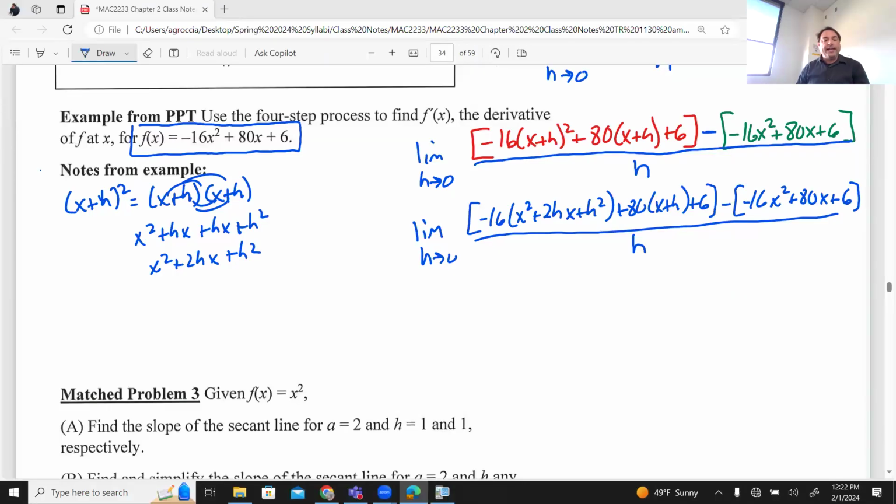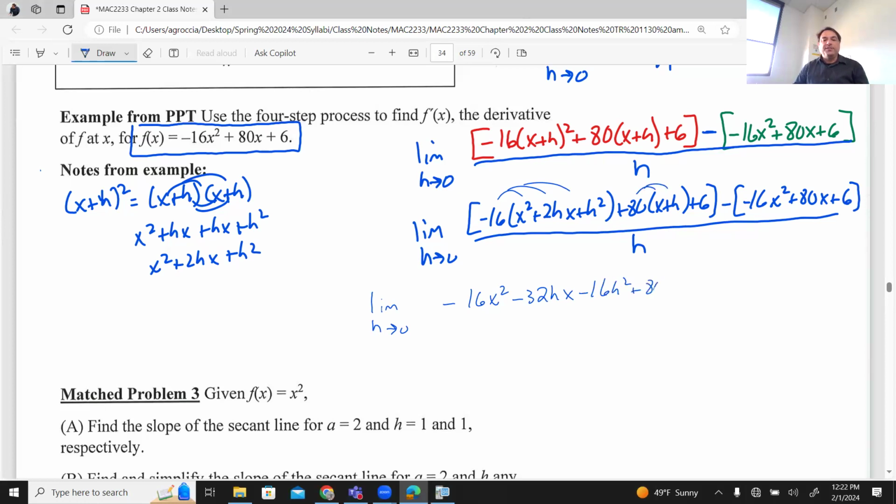All right, so I'm going to go ahead and work out the algebra as you're working it out. Every single time, I'm going to keep putting limit as h approaches 0, because we'll deal with that later. That's the new part. But we're going to distribute the negative 16. So we get negative 16x squared minus 32hx minus 16h squared.